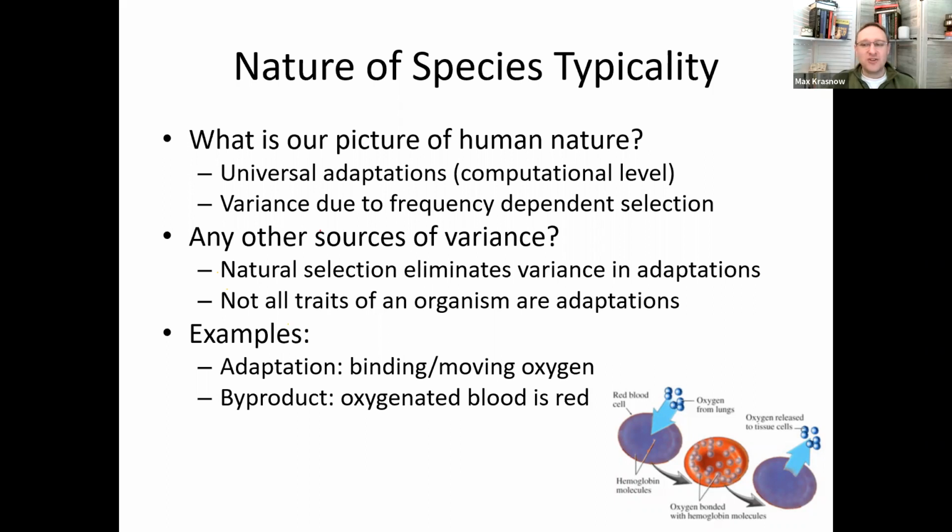Why? Well, there's no evidence that this trait solved an adaptive problem, right? There's no evidence that having blood that was red as opposed to some other color meant that our ancestors had more kids. It can be explained merely as the implementation of how the adaptation was solved, how oxygen got bound and moved using this molecule that contains iron.